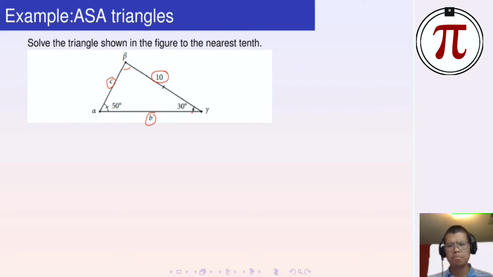You take 180 minus the sum of the other two angles, because the total angle of a triangle is 180. So beta is going to be 180 minus the summation of the other two. So, solution.